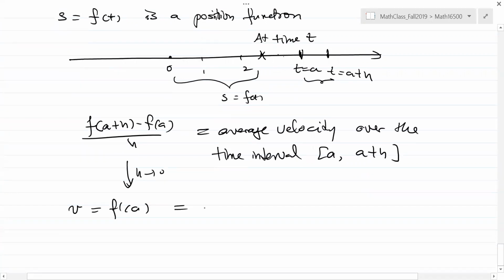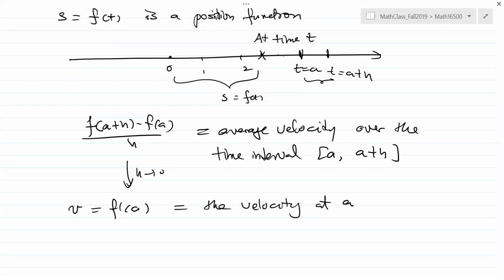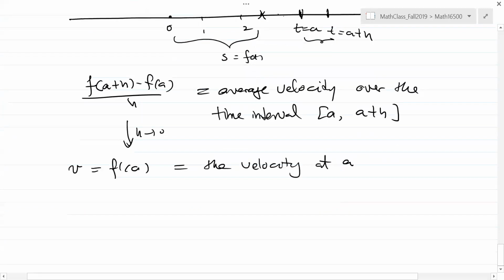This is the instantaneous velocity at a, because the time interval shrinks to a point, one number a. So the limit, if it exists, is the instantaneous velocity at that particular point. It's called the velocity, okay? And just realize at the time t, it's denoted by v.